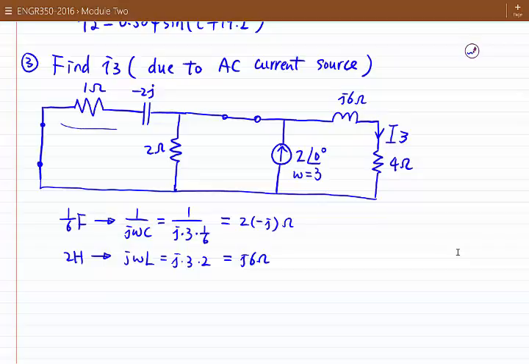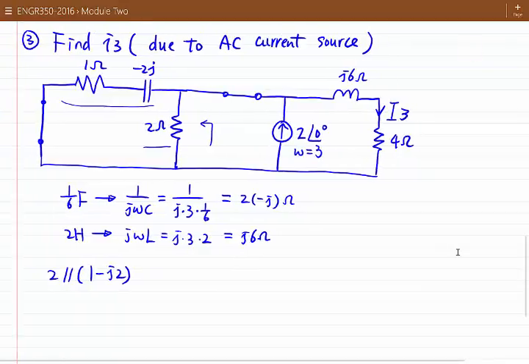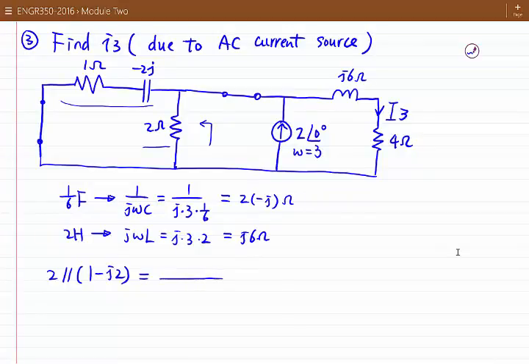So you see here this branch is in parallel with this branch. So first we can calculate the total impedance of these two paralleling branches. So that means this 2 ohm is in parallel with 1 minus 2j, or j2 ohm. So the total paralleling impedance is equal to a fraction.